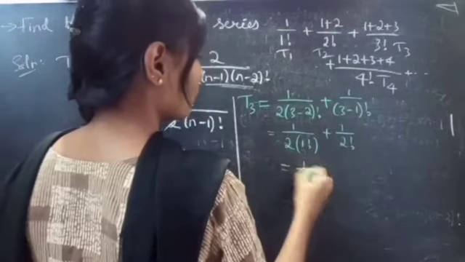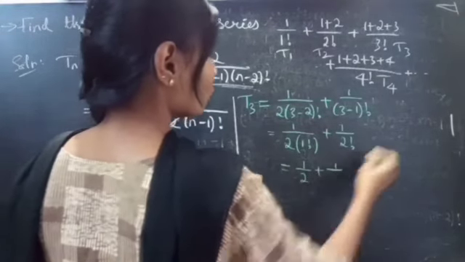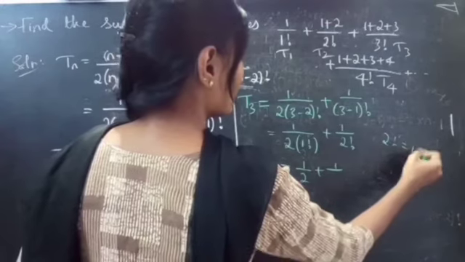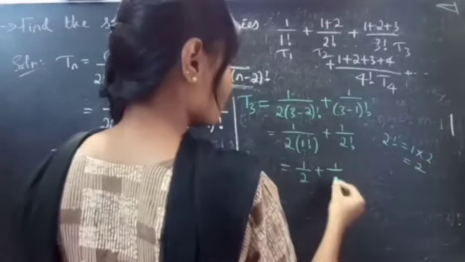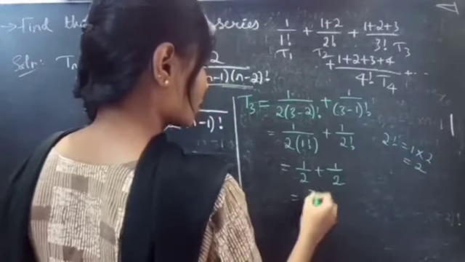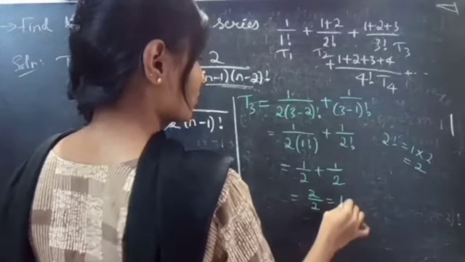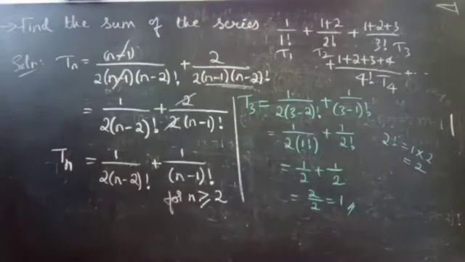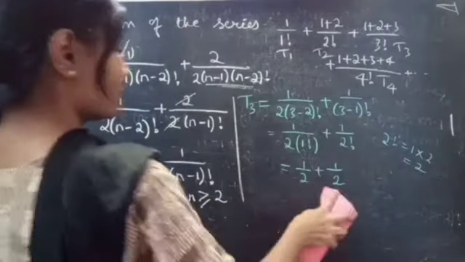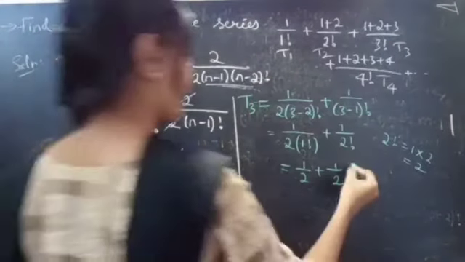So you'll get 1 by 2 plus 2 factorial is 1 into 2, which is equal to 2. Okay, so you'll get 2 by 2, which is equal to 1. Or half plus half is equal to 1, I can say, right?